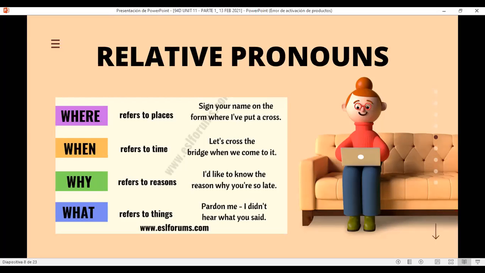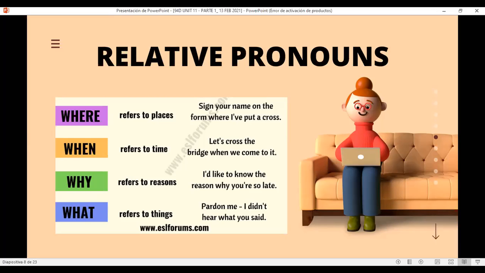Where, when you're talking about places. ¿Sí? Where lo vamos a utilizar para hablar de lugares. Sign your name on the form where I've put a cross. ¿Sí? Firma con tu nombre en el formulario donde yo puse una cruz, ¿no es cierto? Ese sería el caso de where.